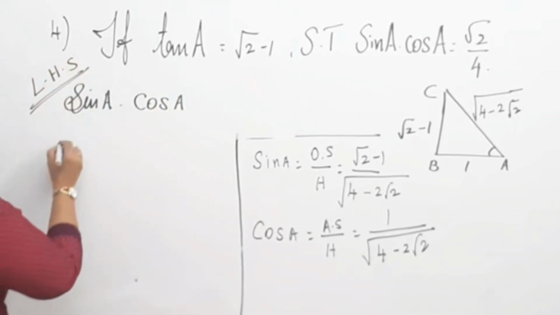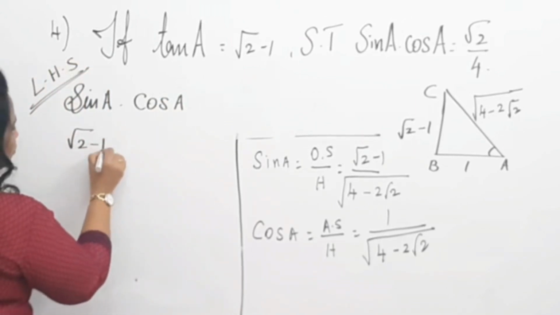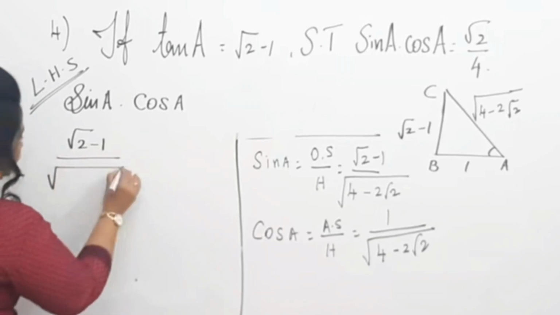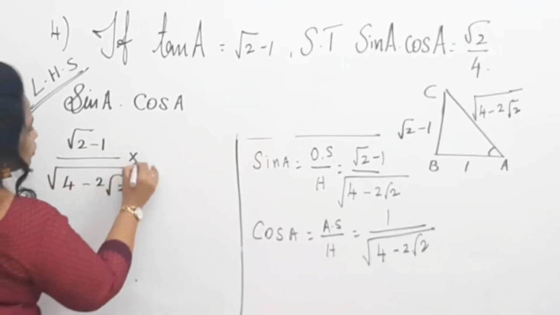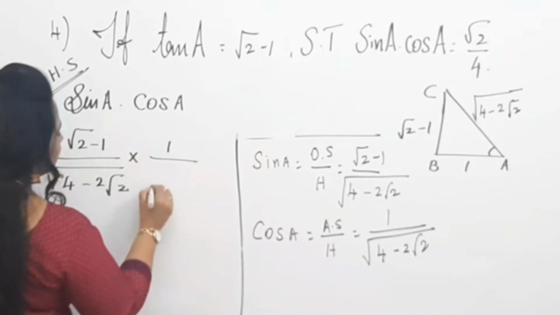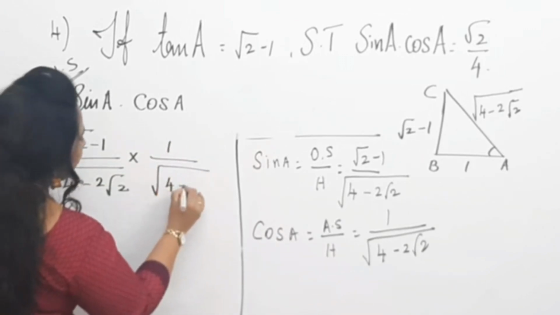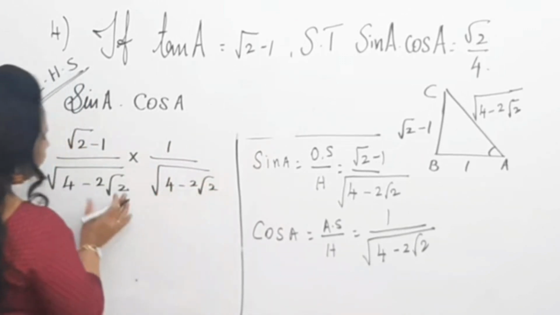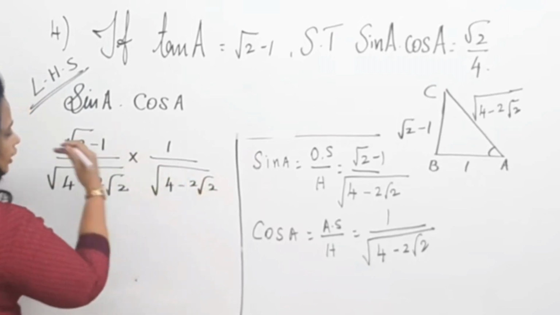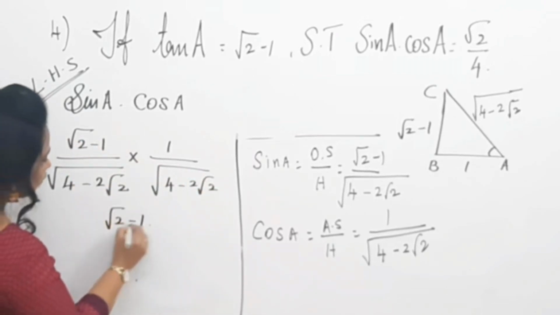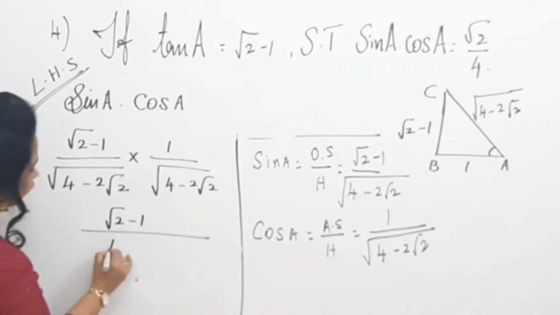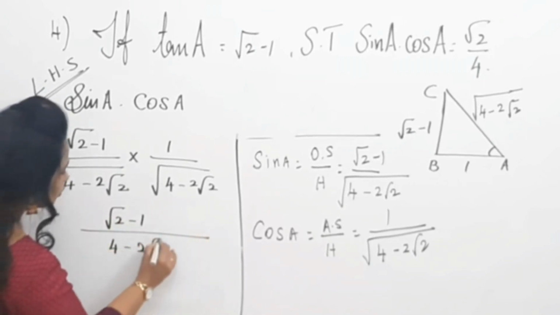So sine A is root 2 minus 1 divided by square root of 4 minus 2 root 2, into 1 by square root of 4 minus 2 root 2. Now I multiply these two, the square root will go. So the numerator becomes root 2 minus 1 divided by 4 minus 2 root 2.